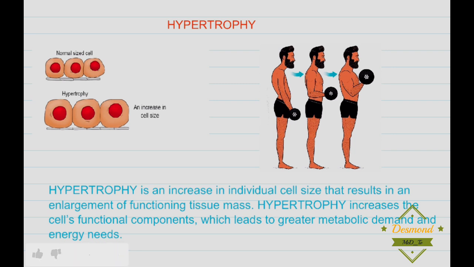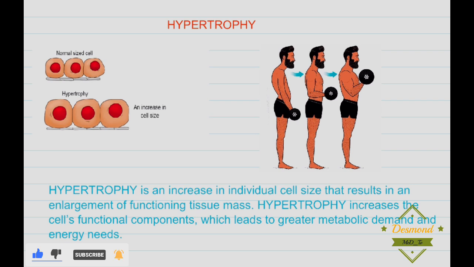Hypertrophy is when the cells in the tissue or organ increase in size, not the organ or the tissue itself. It's the cells within the tissue or organ which are increasing in size. One clinical example is the heart in response to high blood pressure.